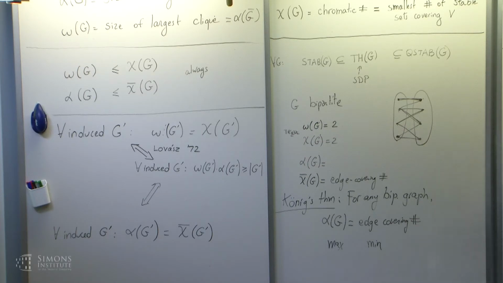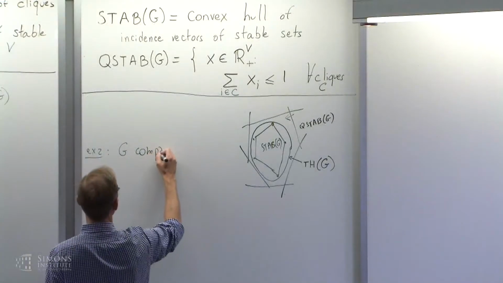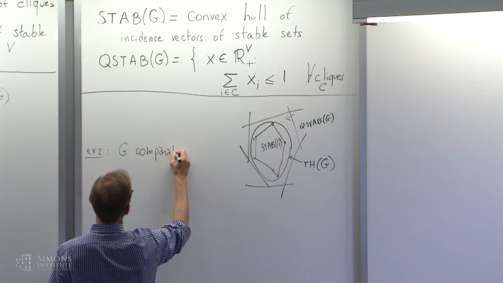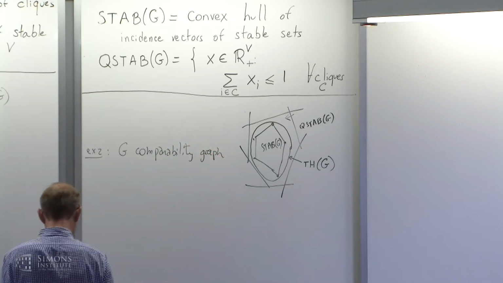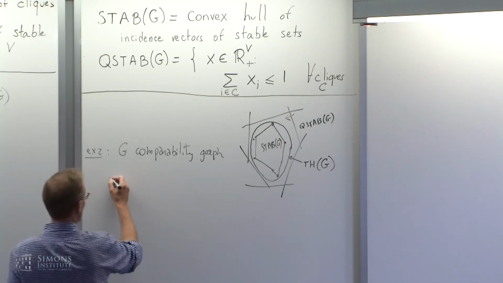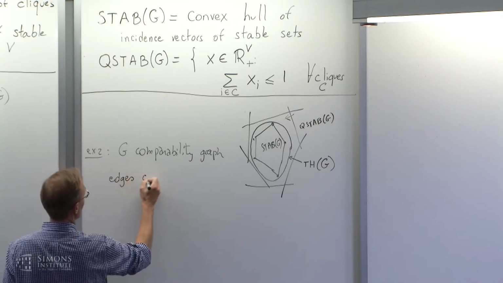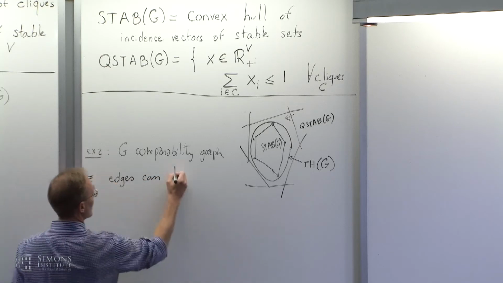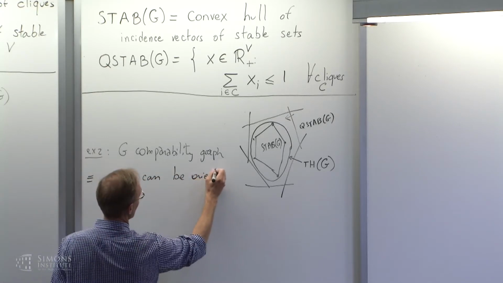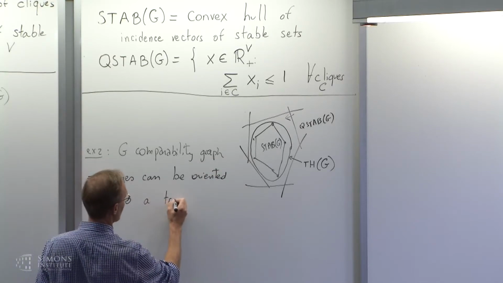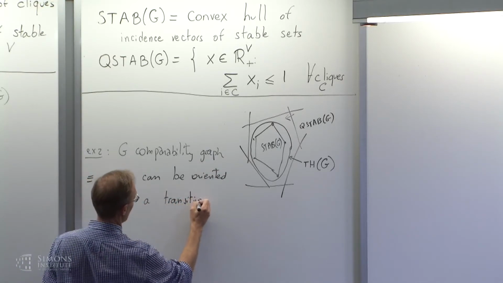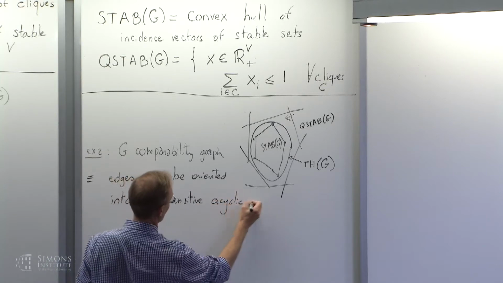Let me give you another example. G is a comparability graph, so that means that the edges can be oriented into a transitive acyclic digraph.